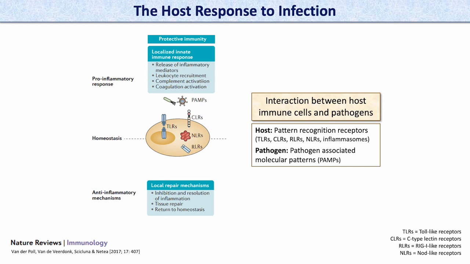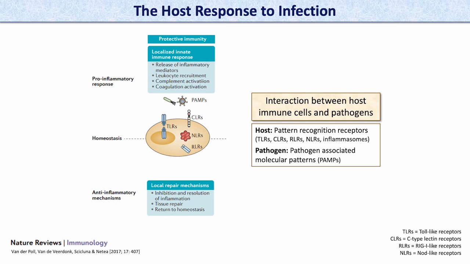These PAMPs are recognized by pattern recognition receptors that are expressed by immune cells. This interaction then results in a pro-inflammatory response that is driven by cytokines, leukocytes that are recruited to the site of infection, complement activation, and coagulation activation.